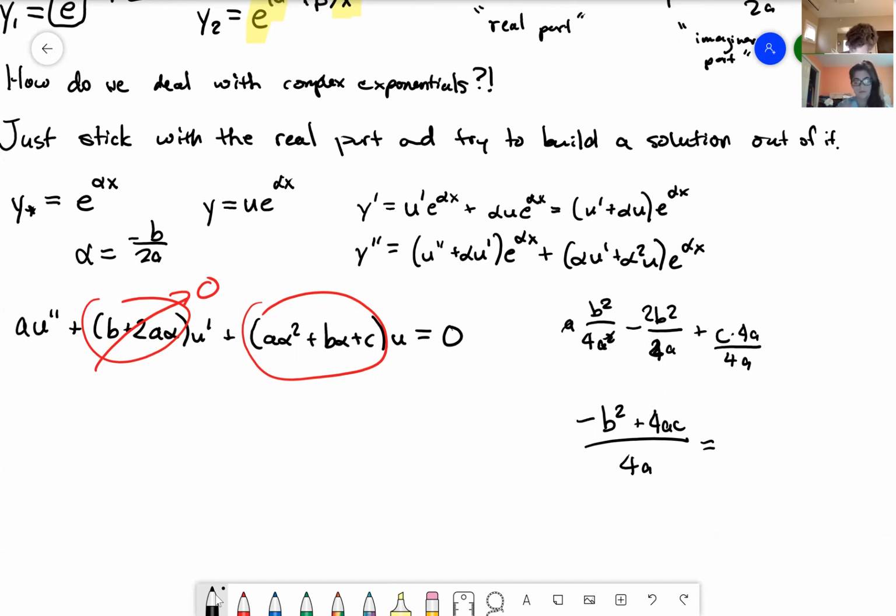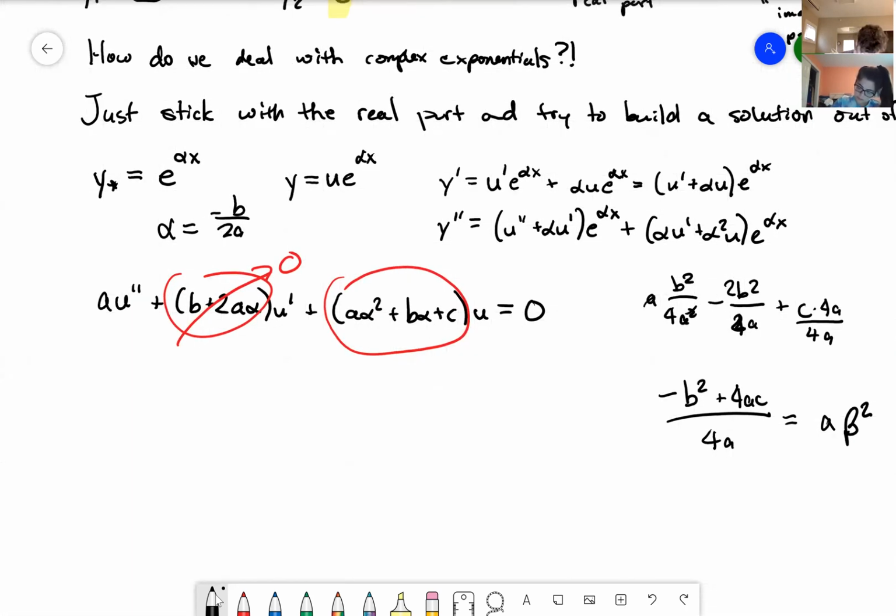And so there's the square in the numerator, and the square in the denominator would be 2a squared. So this is a times beta squared. And what we ultimately get here is a u double prime plus a beta squared u is equal to 0.